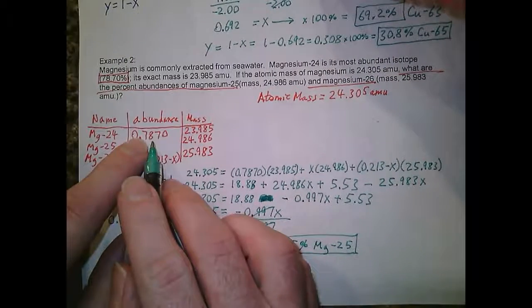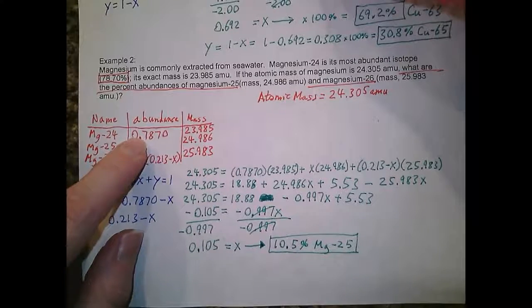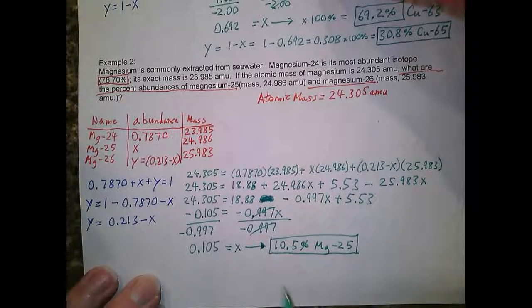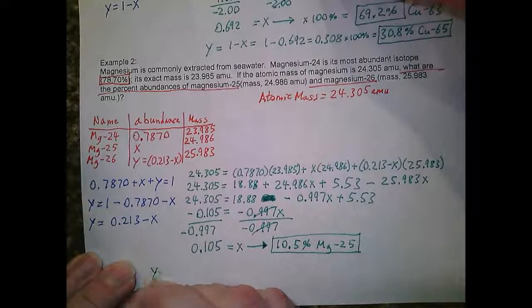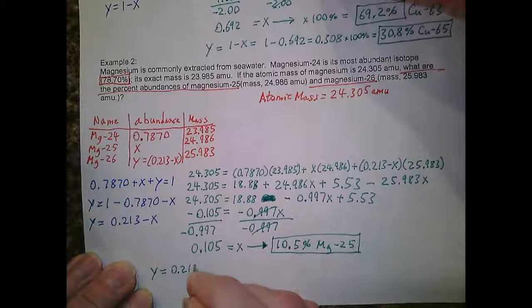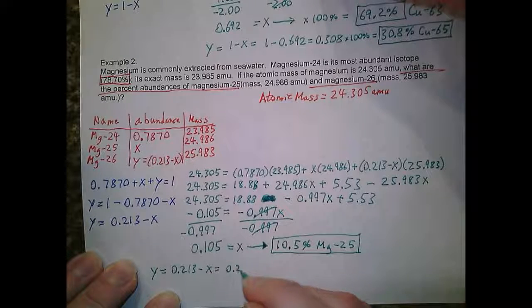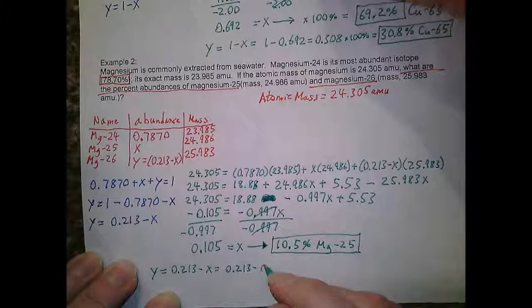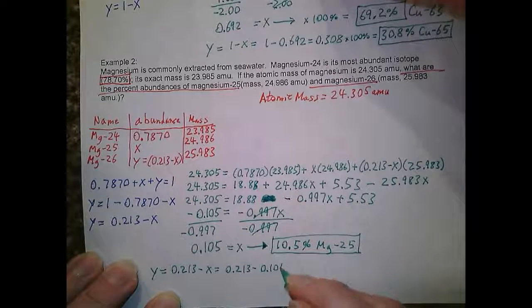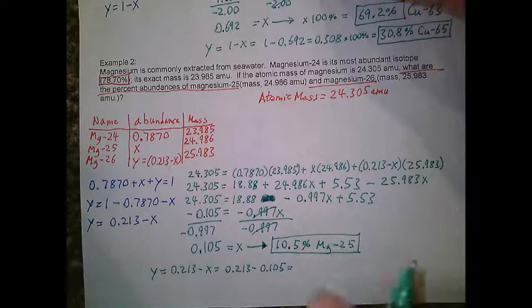I already know the abundance here is 78.70. To find y, we just need to plug in. Y equals 0.213 minus x, so it's 0.213 minus 0.105.